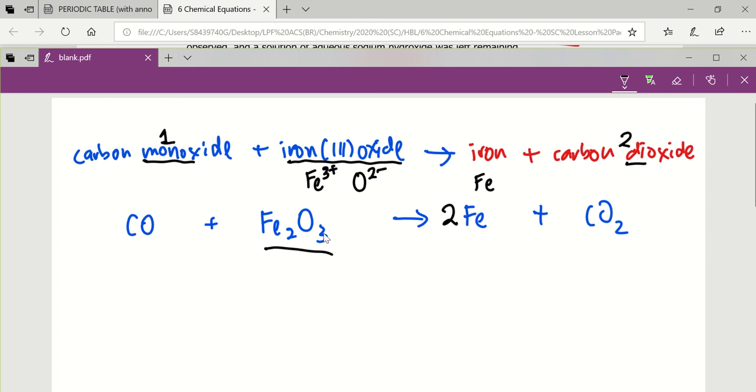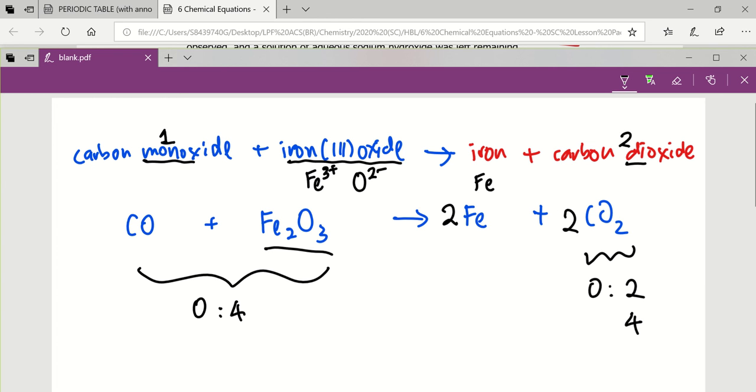So looking at it, for reactants I've got 4 oxygen, and for product I've got 2 oxygen. If I were to make it 4 oxygen, I need to increase the number of carbon dioxide by 2. But once I do that, you notice the number of carbon will change to 2.